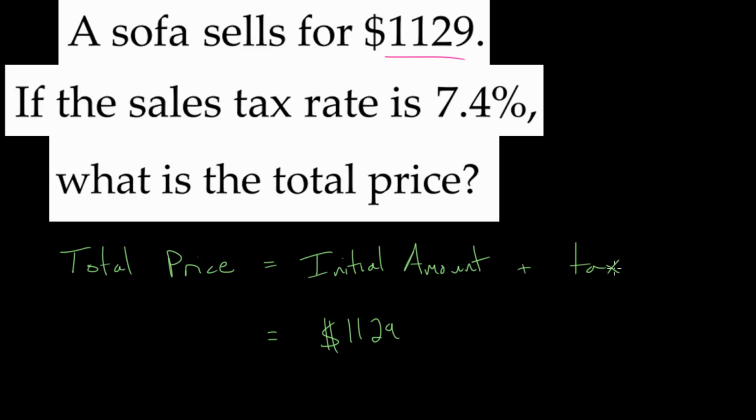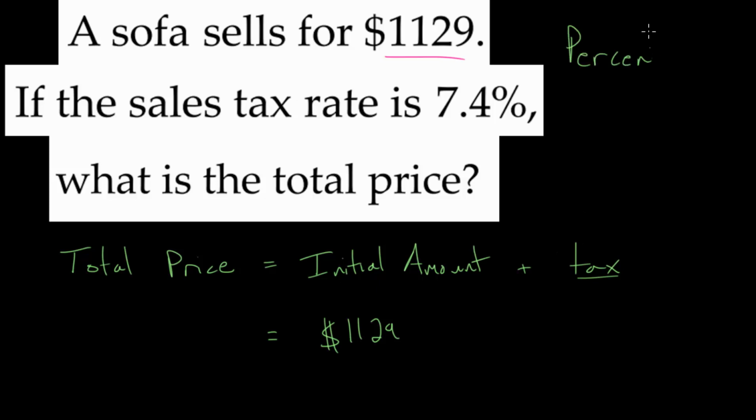We need to figure out the tax. If the tax rate is 7.4%, we can multiply our amount by that tax rate to figure out the total tax. To carry out that multiplication, we'll need to convert this 7.4% to a decimal.